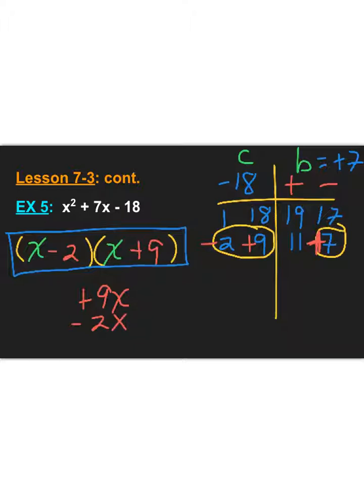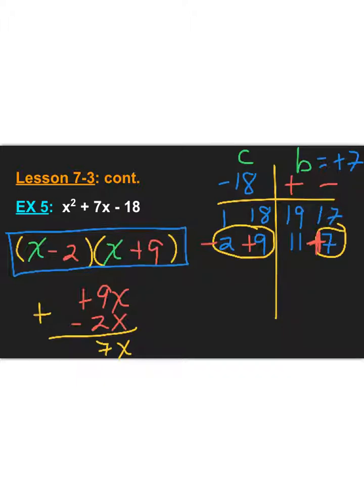And so when we add those numbers with opposite signs, you subtract, keep the sign of the larger, you do indeed get a +7x, which is what we're looking for. And finally, the negative times the positive gives us a negative, and 2 times 9 gives you 18. So it did work.